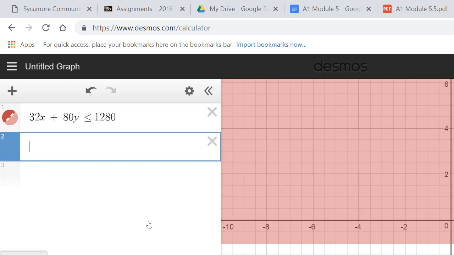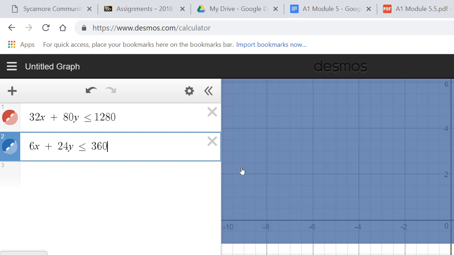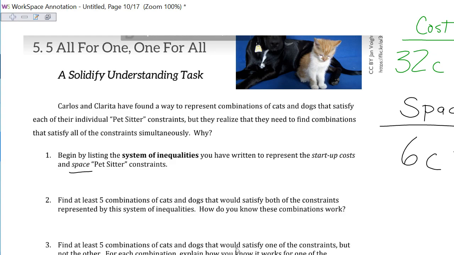Okay, and then I'm going to add an equation, and that's going to be 6x plus 20. You sure it's 24? Okay, we'll go look. Is less than or equal to 360. Okay, now let me go back to this and make sure I'm right about that. Yeah, good.